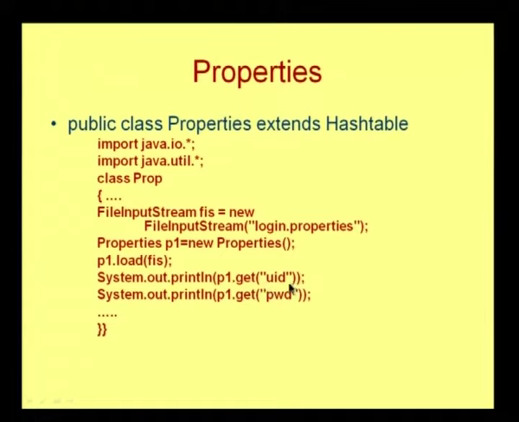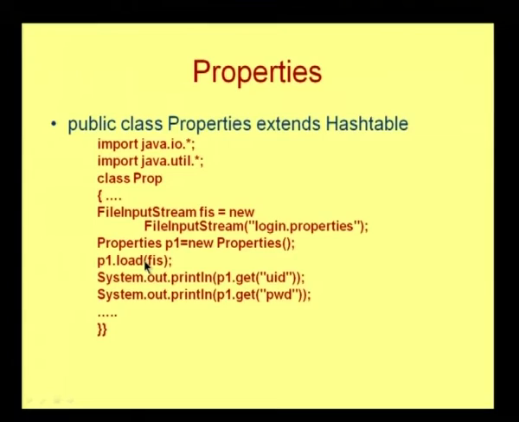It means that I have a key with the name UID, and another key with the name password. Now these two values are accessed from the properties object. Load is used to load the FileInputStream contents inside your Properties class.